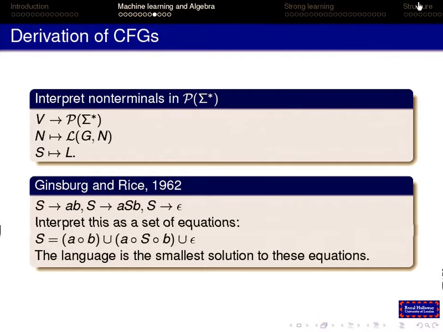So we can define a function from the non-terminals of our context-free grammar into the collection of all sets of strings, mapping each non-terminal to the set of strings that are generated by that non-terminal. And in particular, S, our start symbol, is going to be mapped to the language.